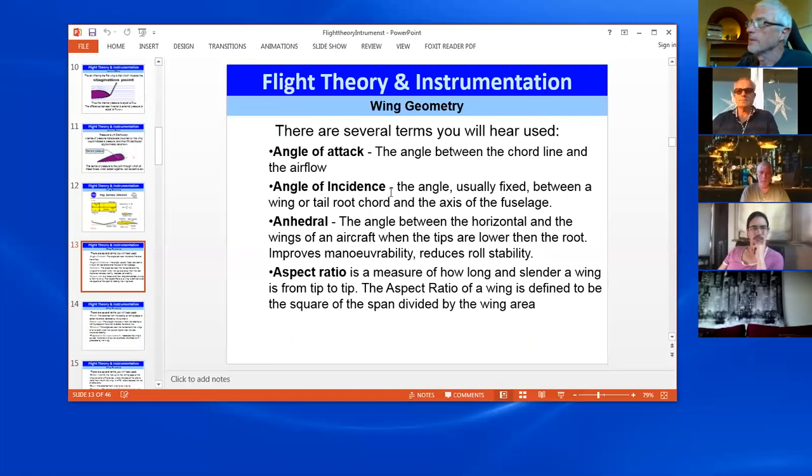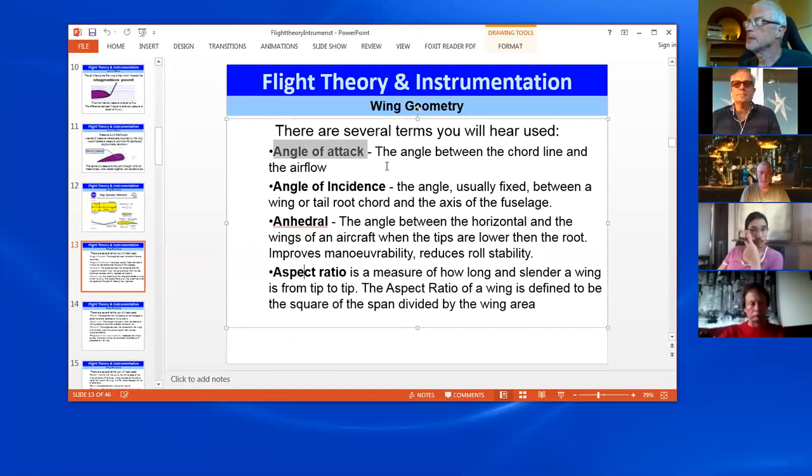Again, there's a section here just on various things. So aspect ratio we looked at. Angle of attack is probably the key one to understand. It's the angle between the chord line and the airflow. So you've got your wing shape, you've got your air approaching it.